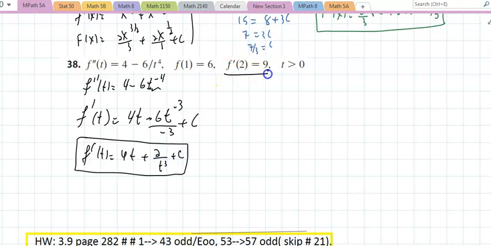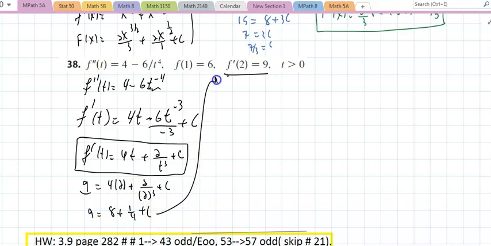Since I know what the derivative is, well, I could say, look, f prime of 2, so when you replace t by 2, f prime will be a 9. 9 would equal 8 plus, and what is that? 2 1/4 plus c.